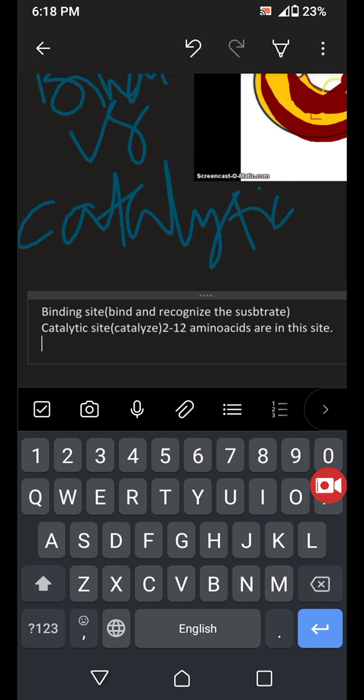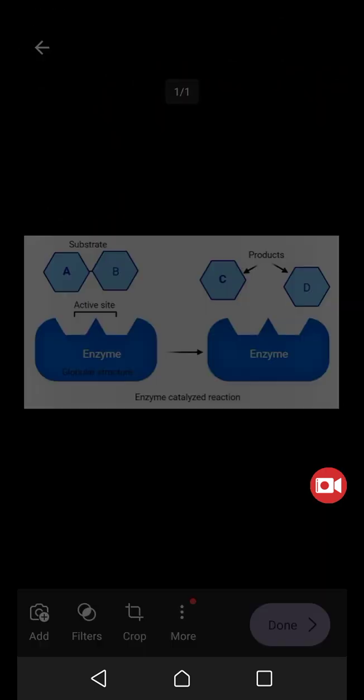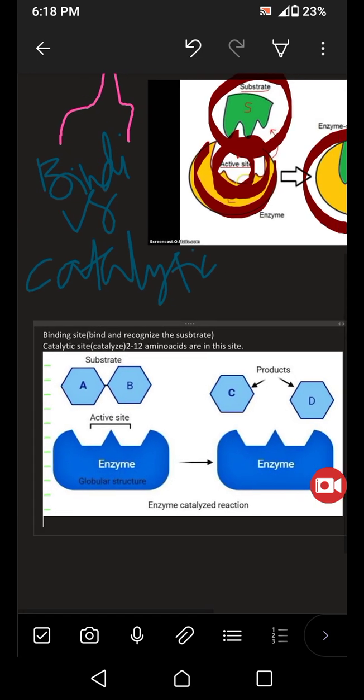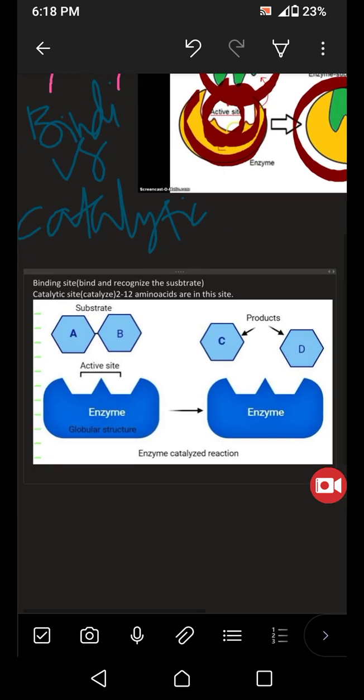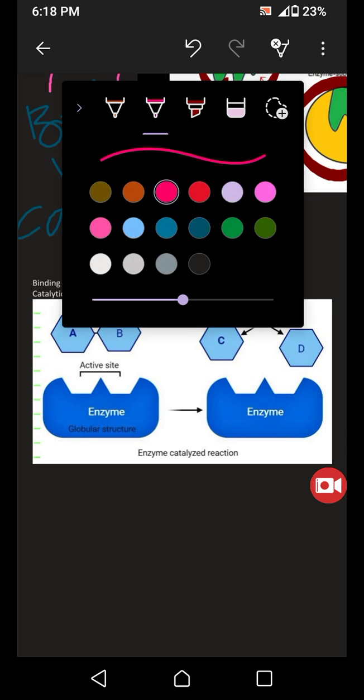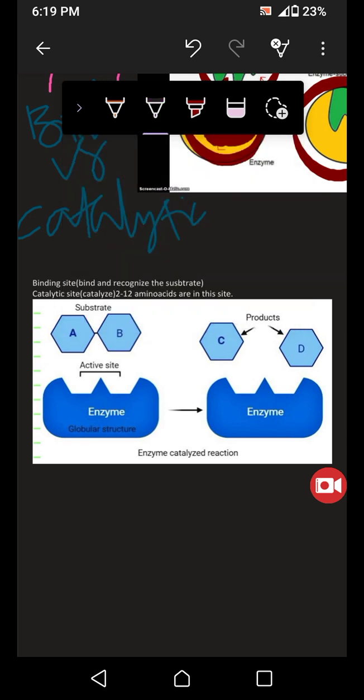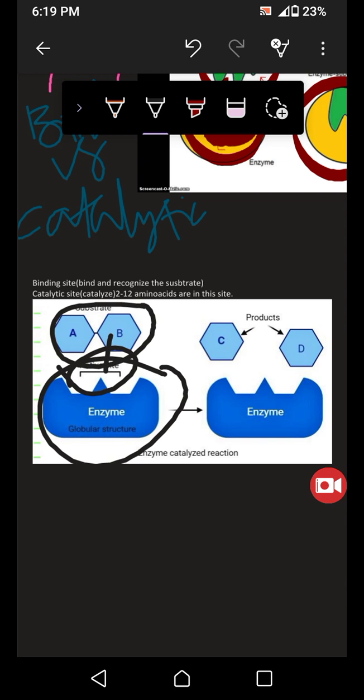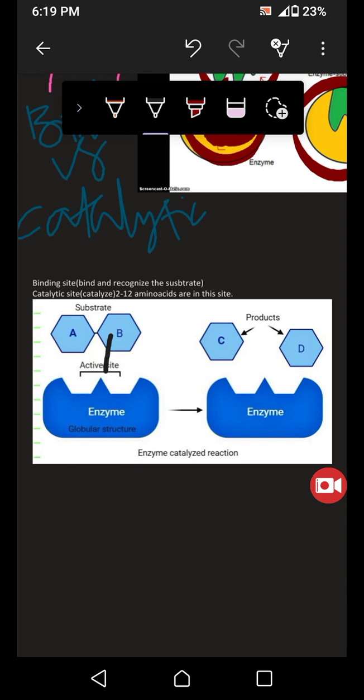So we can take the example of this picture. This is the enzyme. This is the active site. These are the substrates.